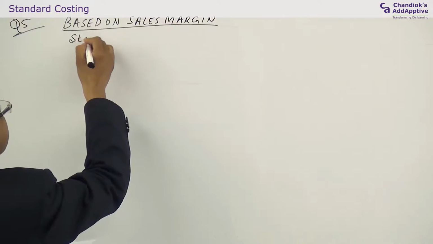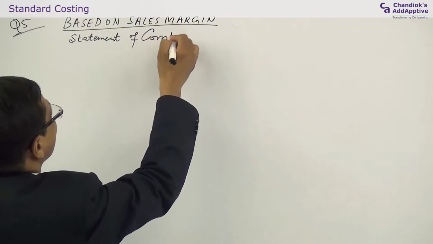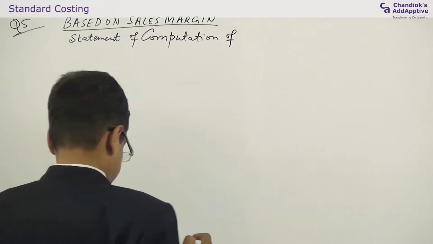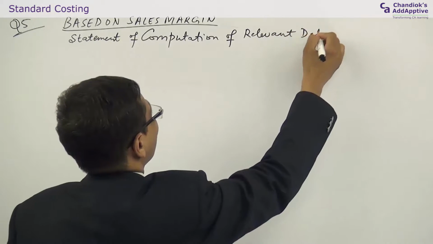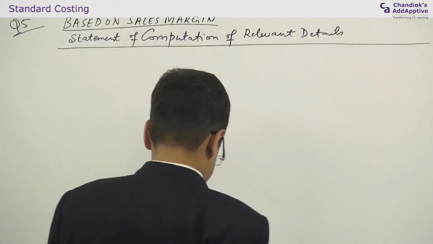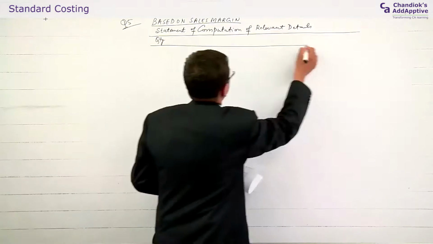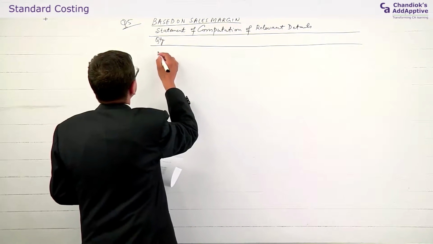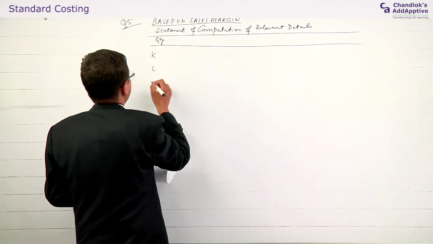So statement of computation of relevant details. So quantity, what are the products? Products are K, L and M.